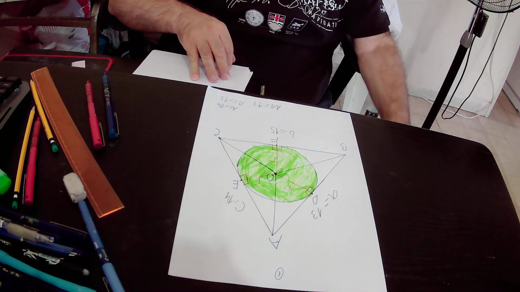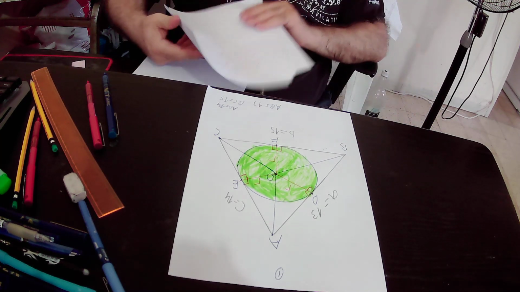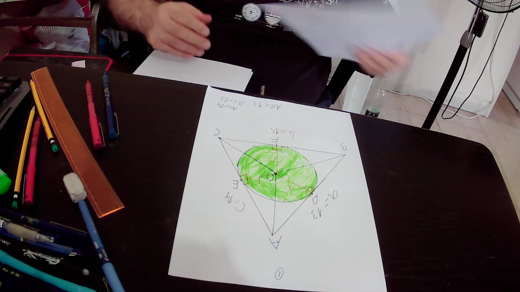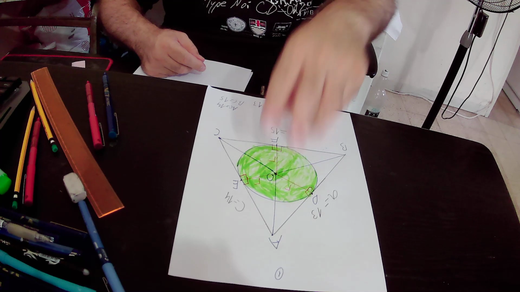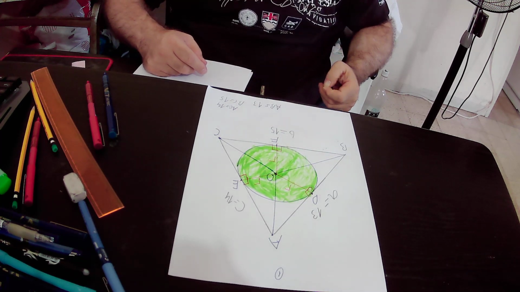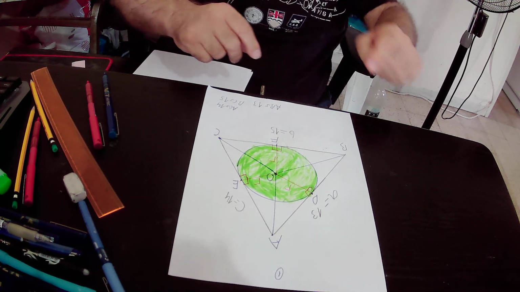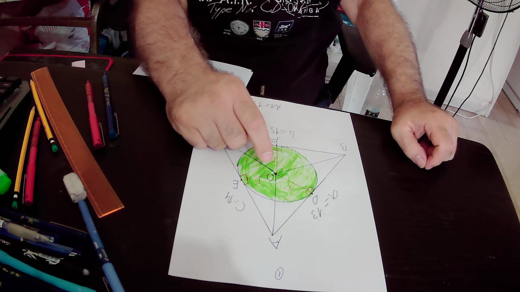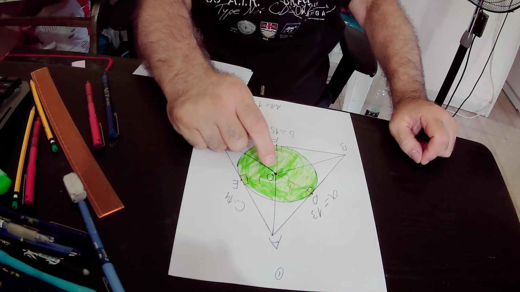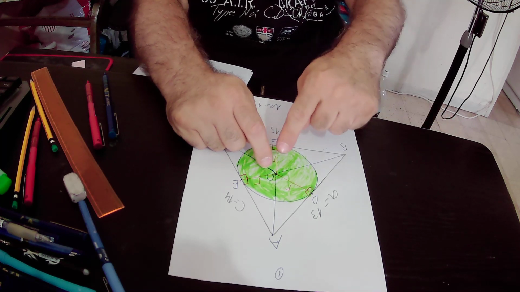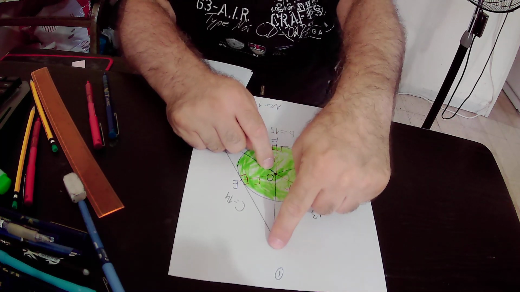Okay, in the next step, we found the area of the green circle. We defined point O as the center of the green circle, and then we connected points A and O by a straight line.